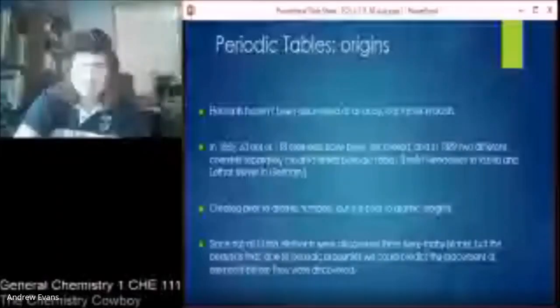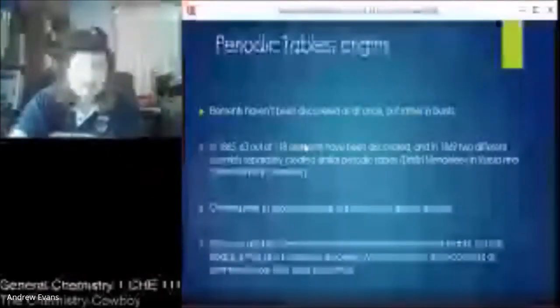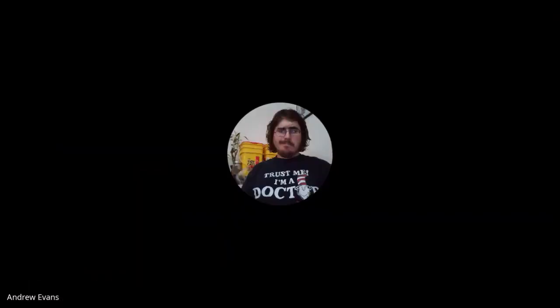I think Dmitry Mendeleev, cocky bastard that he was, even predicted the atomic weight of some of them. And when the element, I think, was it gallium was discovered, no, germanium was discovered, the guy reported the incorrect weight, and Mendeleev told him to go back and check his numbers.